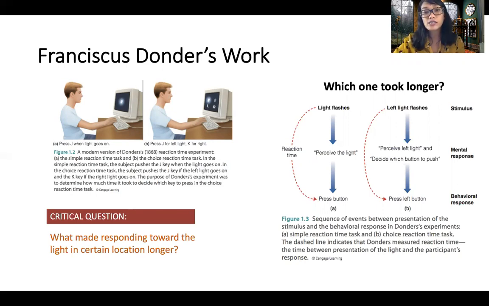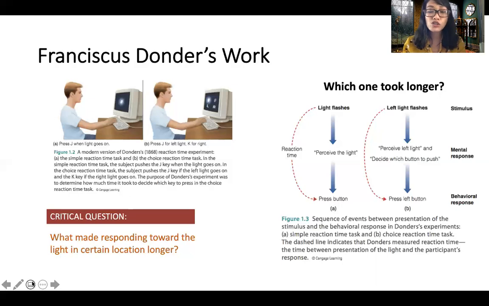Donders reasoned that the difference in reaction time between the simple and the choice conditions would indicate how long it took to make the decision that led to pushing the correct button. Because the choice reaction time took 1/10 of a second longer than the simple reaction time, Donders concluded that the decision-making process took 1/10 of a second.